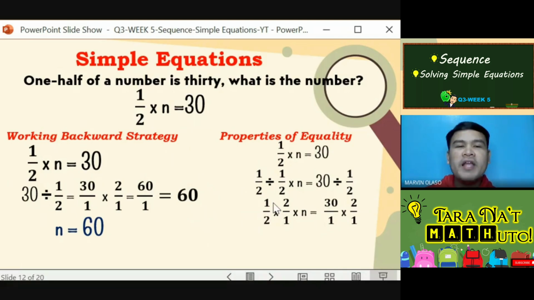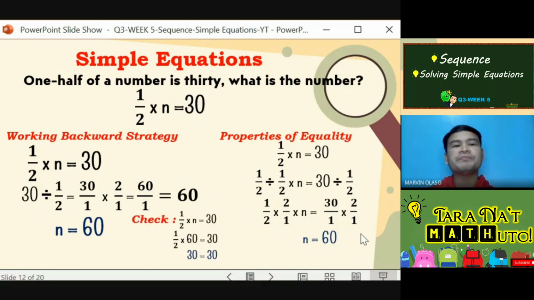Therefore, so alam naman natin to, 1 times 2, 2. 2 times 1, 1. Naalala pa ba yan? The fraction multiplied by its reciprocal, we have 1n. So therefore, n, which is 30 times 2, 60. 1 times 1 over, so 60 divided by 1. So we have the answer 60.